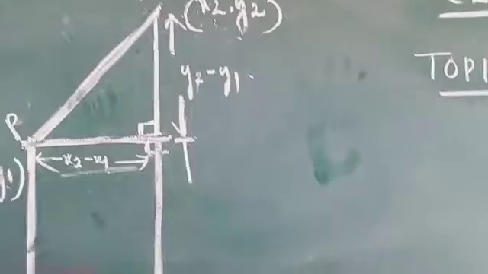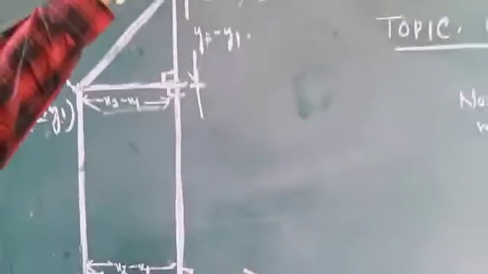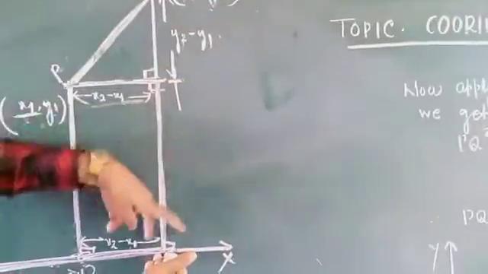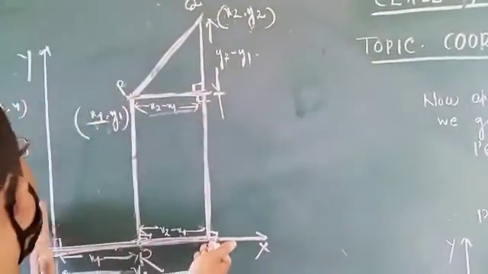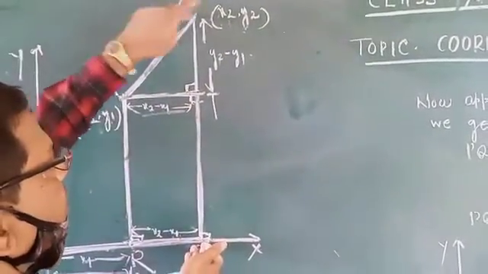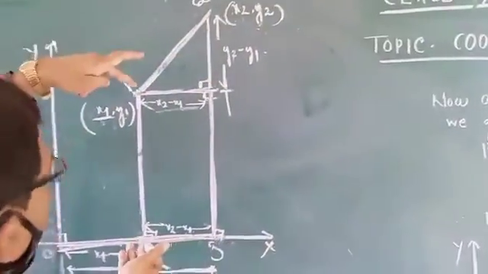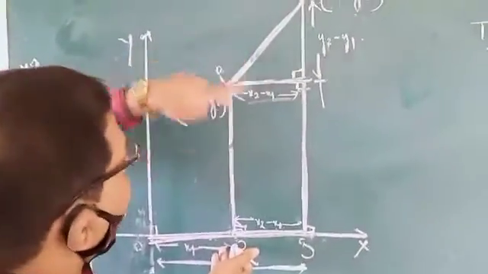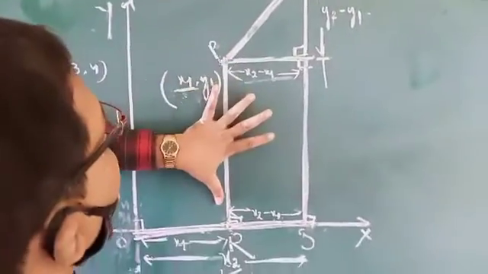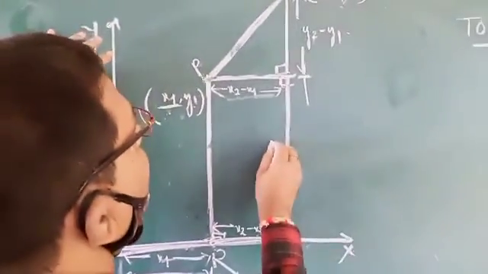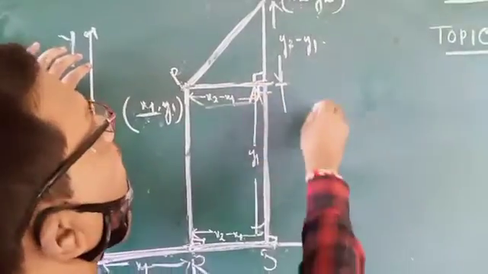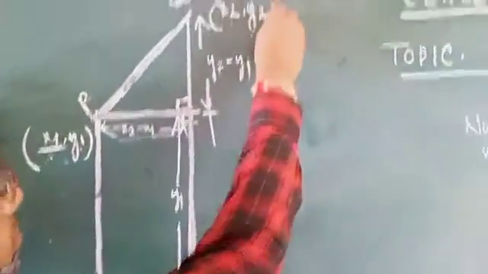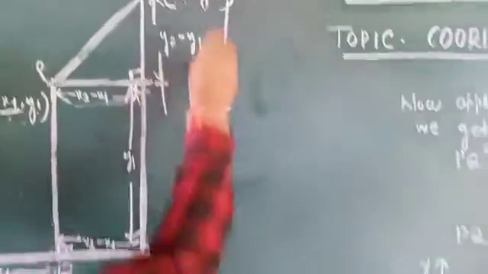Now what is your QS? QS is on the y-axis, because this is straight y. So QS is equal to y2, and your PR is equal to y1. Up to this is y1, and from this to this is y2.